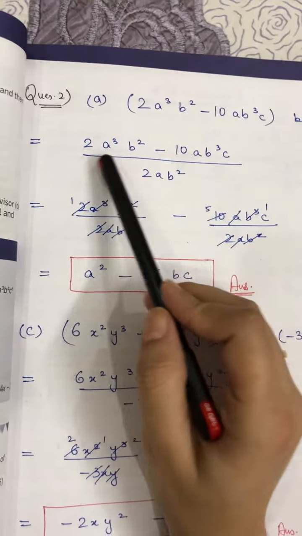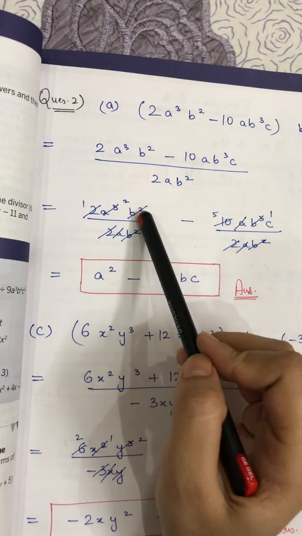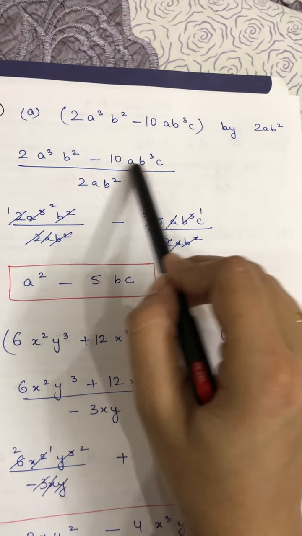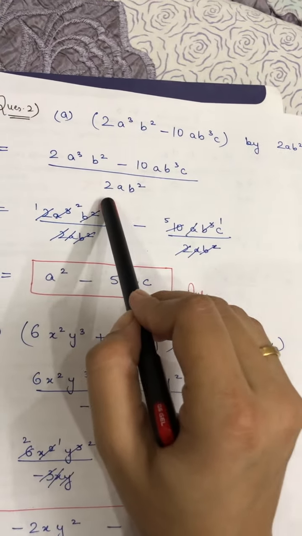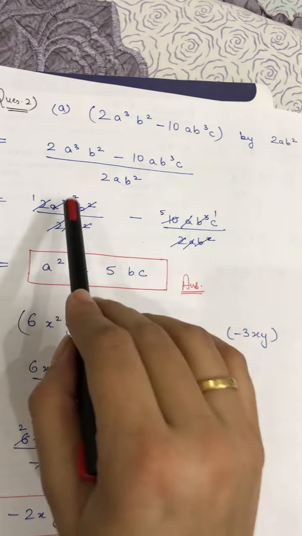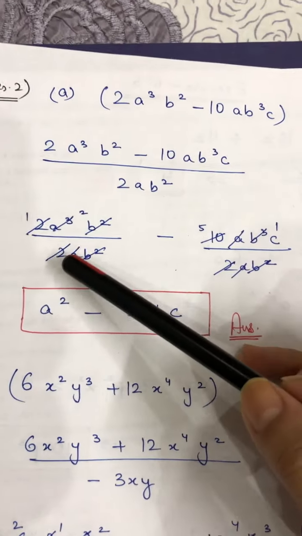First of all, you would write it this way: 2a³b² divided by 2ab² minus, write down this term here and the denominator here. It means you have to divide this term one by one with both the terms of the numerator.